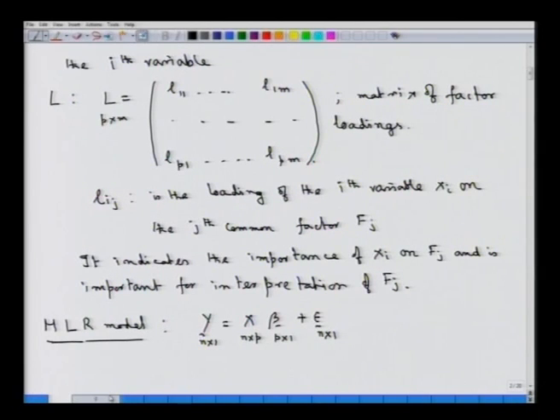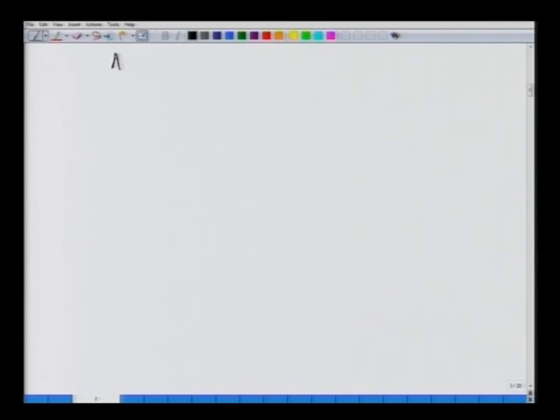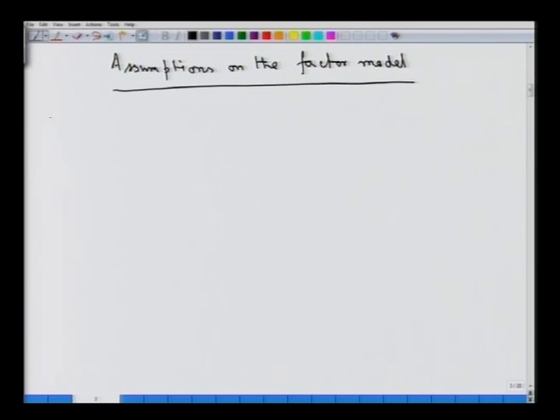Now, let us go into the mathematics of this factor analysis. In order to do that, we require the following assumptions. We will put the following assumptions on the factor model. So the first assumption, say A1, is the following. This f vector, as we had taken, is an m by 1 vector, such that the expectation of this f vector is assumed to be a null vector.